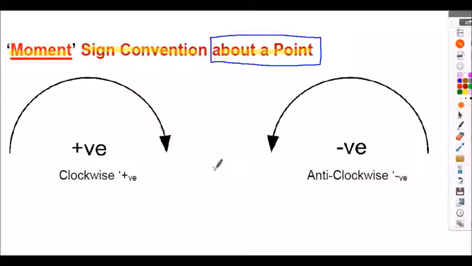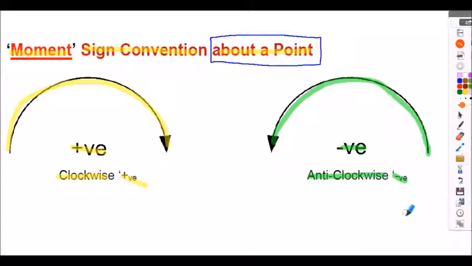Unlike the force notation, with moments we simply have a clockwise moment, shown here, which is considered to be a positive moment. And we have an anti-clockwise moment, shown here, and anti-clockwise moments are considered negative in our analysis. So that's all we need to consider as far as moments are concerned.